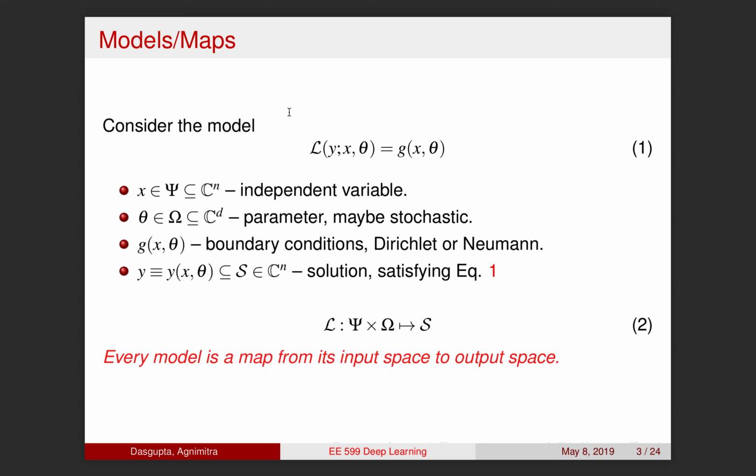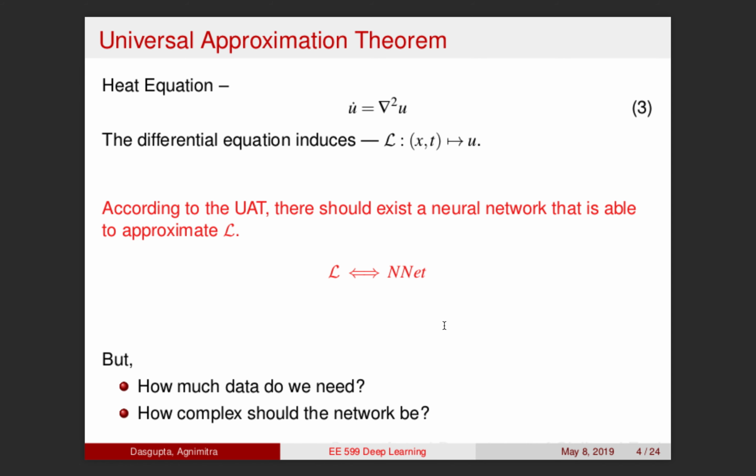You can consider any model which maps from its input to output space. For example, it can be a differential equation. For example, it can be a simple function which maps any variable x to y. Now, you can conceive of this model as being a map from its input to output space.